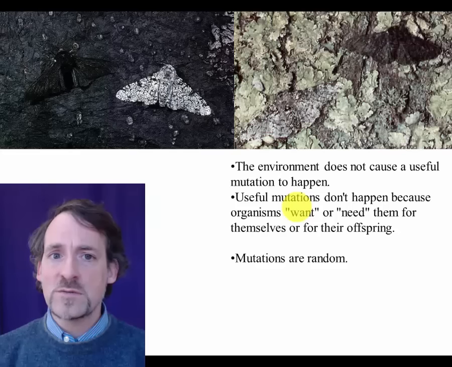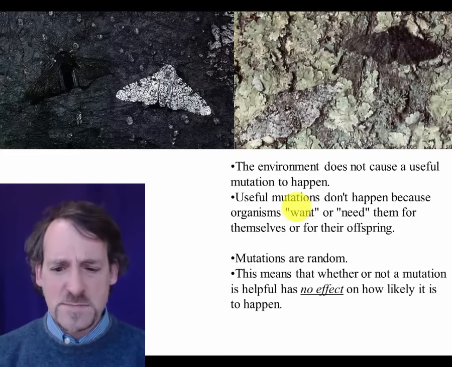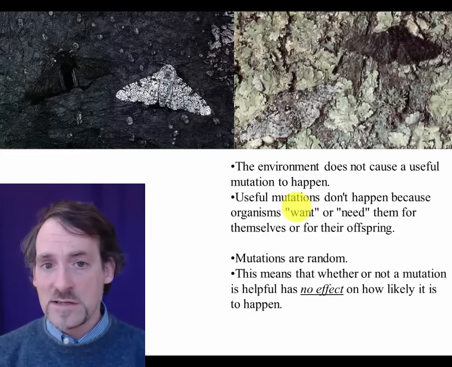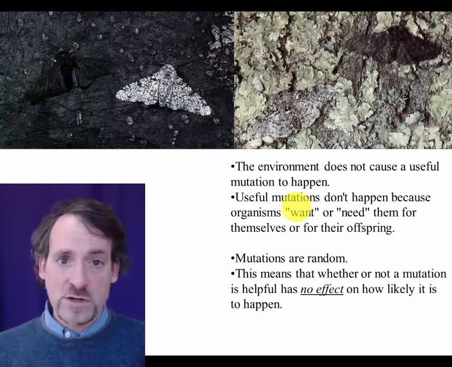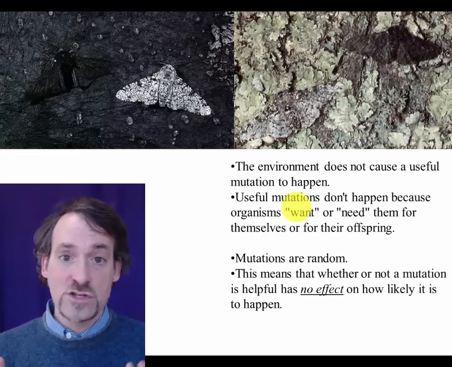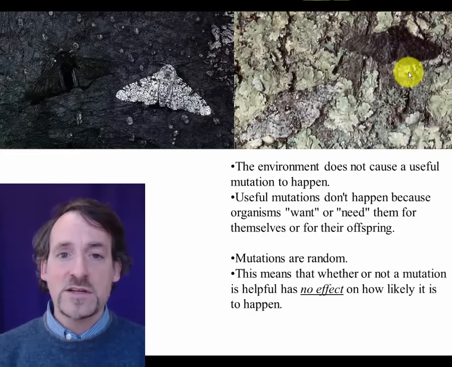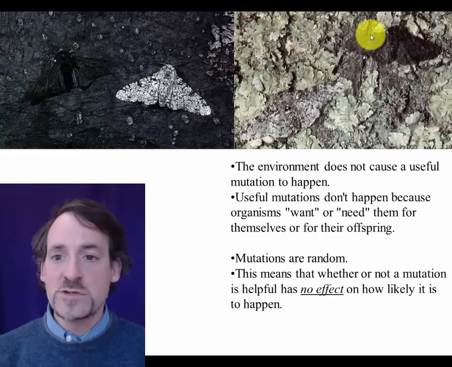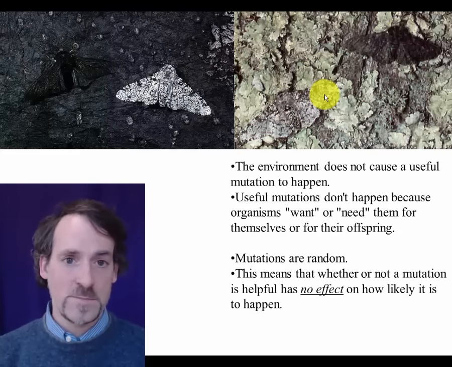Similarly, what's important to remember is that mutations are random. And what do we mean by that? Well, we mean that whether or not a new allele is going to be useful has no effect on how likely it is to occur. So again, when the forest looks like this, you get little a alleles mutating to big A alleles at, say, a rate of 1 in a million.